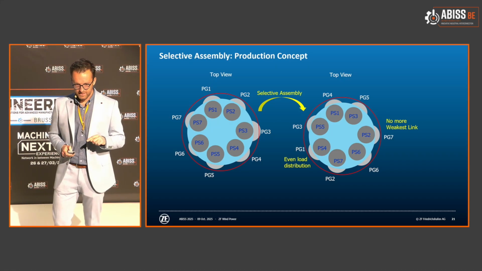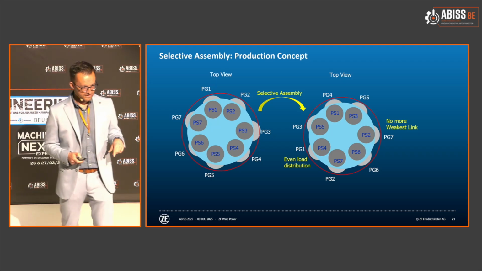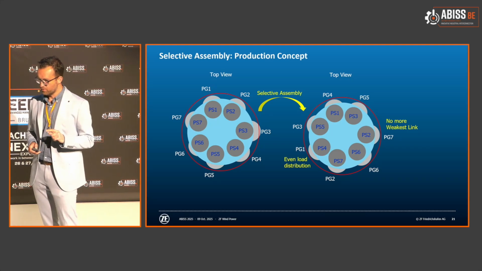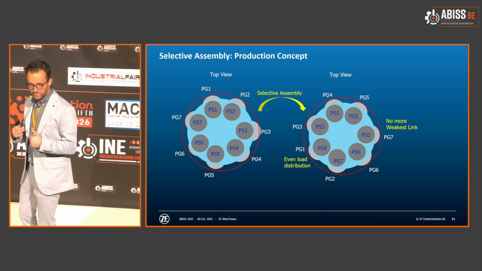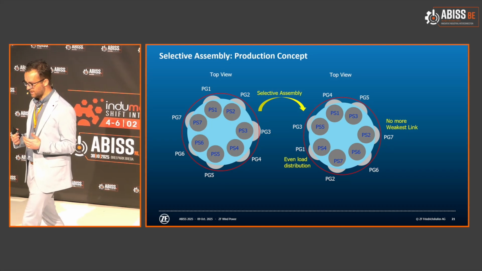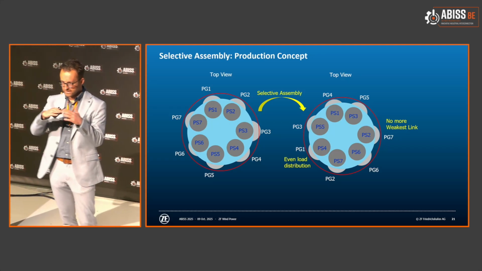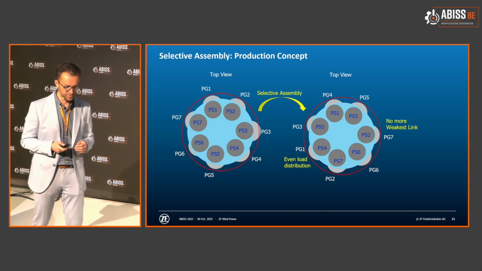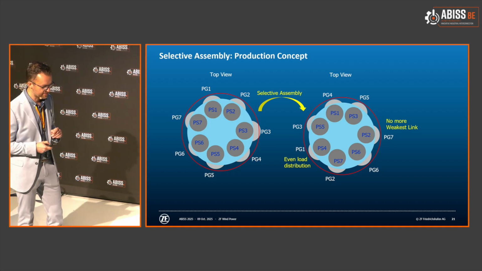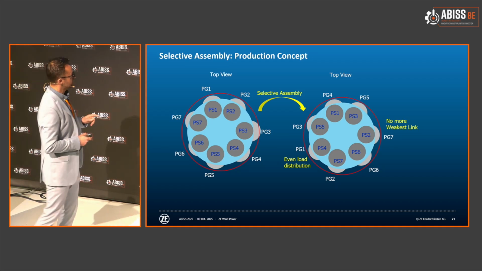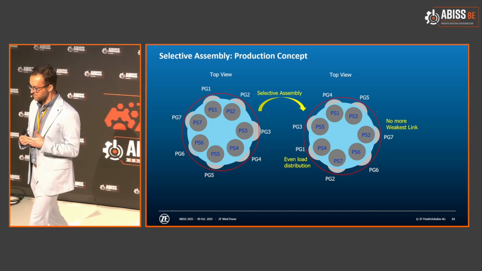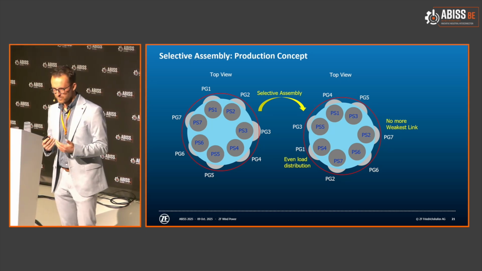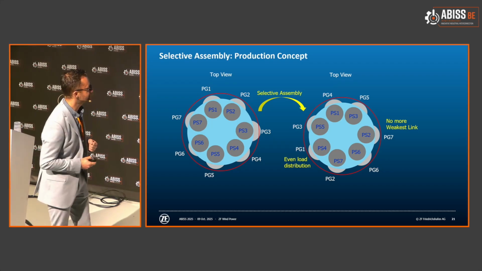But by combining the dimensional data of all these components, we were able to calculate which is the best combination the assembly operator had to make in order to create a more even load distribution of all the gears in the team. Yeah? By doing so, there was no weakest link anymore. Everybody in the team contributes in the same way, which makes your team the strongest.